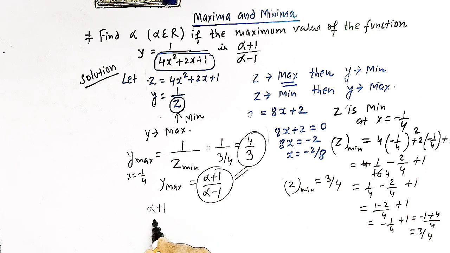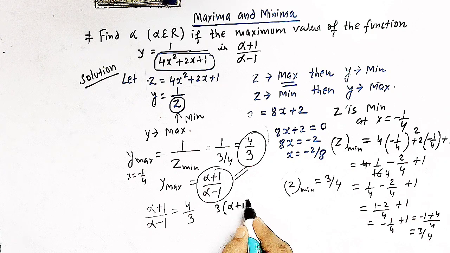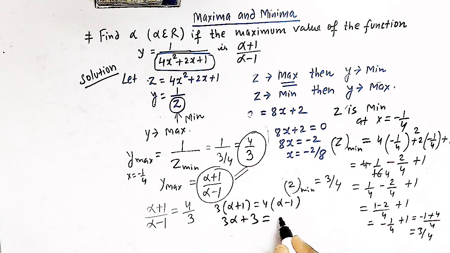So let us equate these two quantities, because y maximum is 4/3, and y maximum is given to be alpha plus 1 over alpha minus 1. So equating these two quantities, we can now frame a linear equation in alpha. To get the value of alpha, cross multiplying, here we have 3 times alpha plus 1, and here we have 4 times alpha minus 1. So we have 3 alpha plus 3 equal to 4 alpha minus 4.